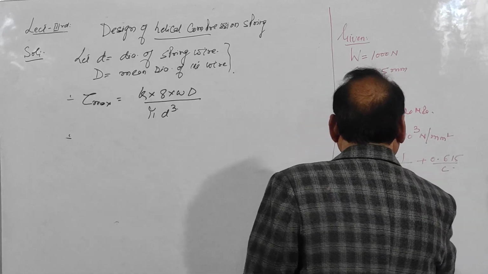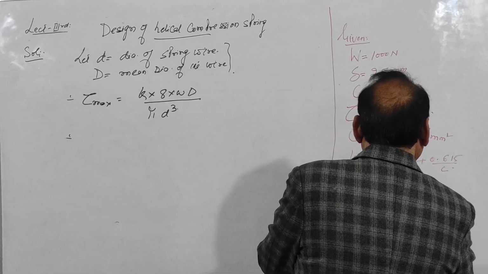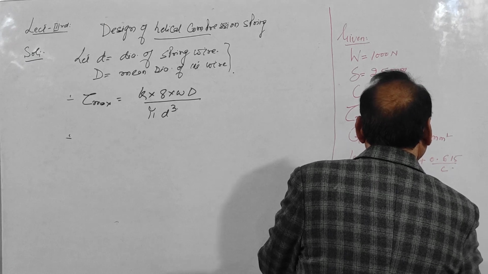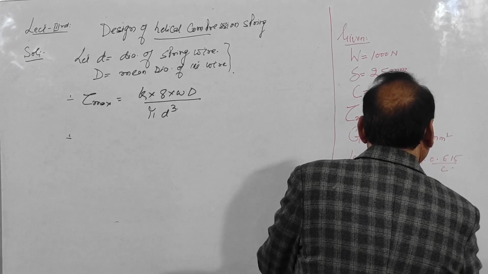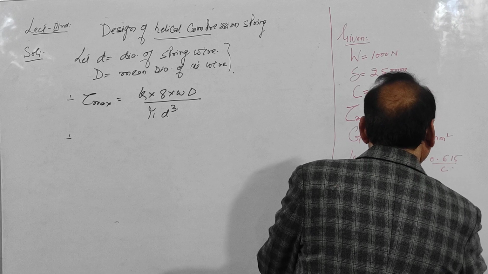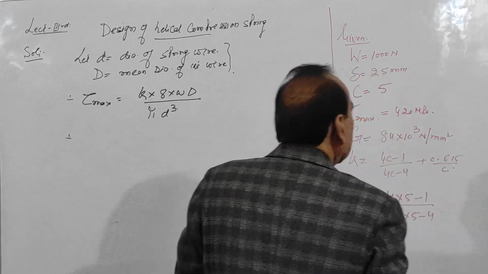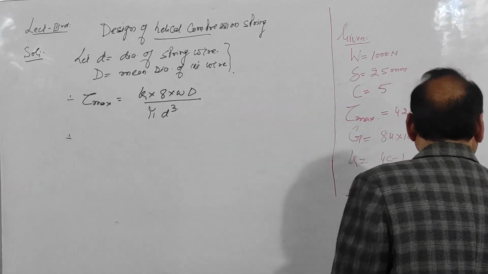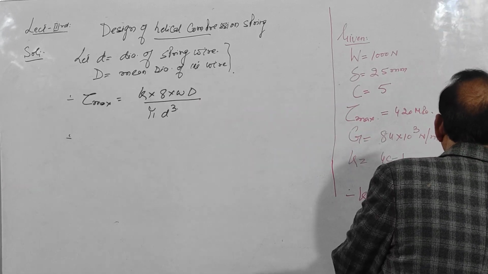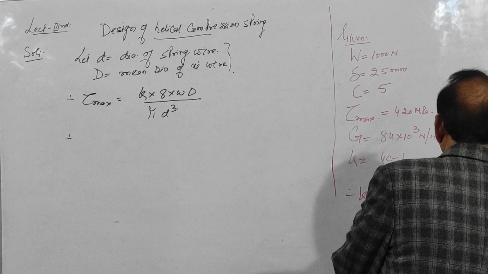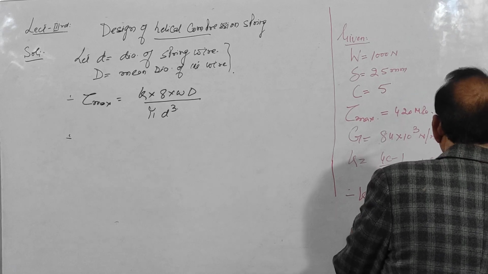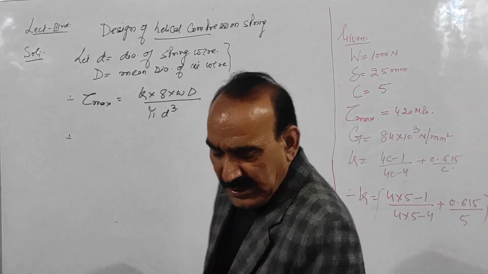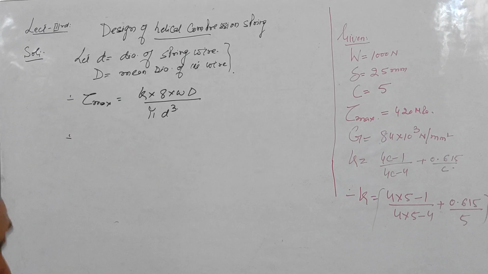So therefore K is equal to (4 into 5 minus 1) upon (4 into 5 minus 4), right, plus 0.615 divided by 5. So calculate the value. What is the value of K here?